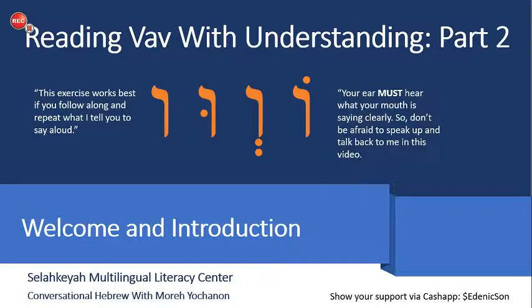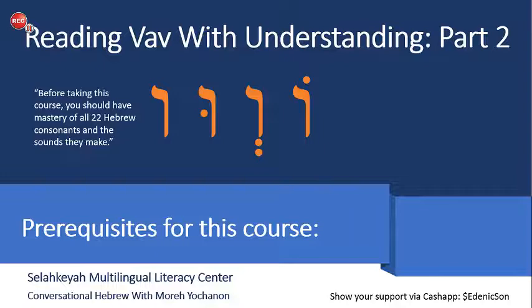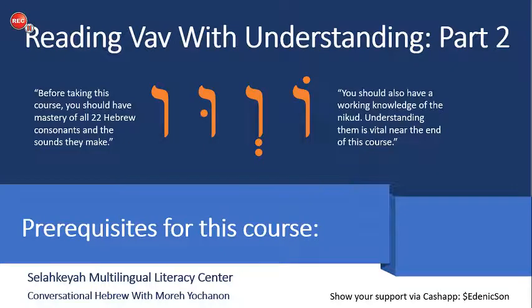All right. Some prerequisites for this course. Before taking this course, you should have already mastered the 22 alphabet and what sounds they make. You should also have a working knowledge of all the Nikud.